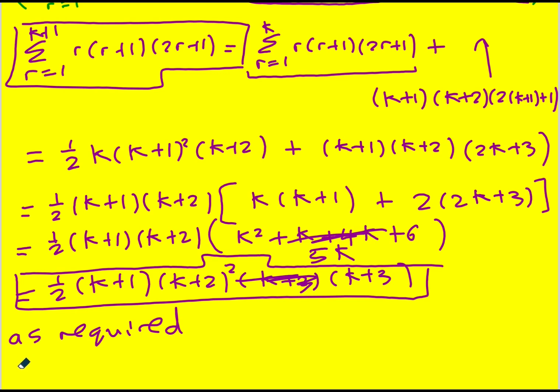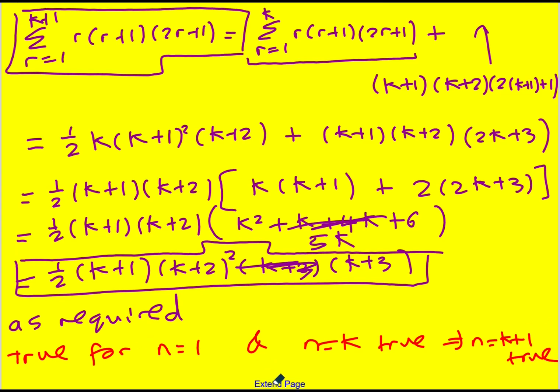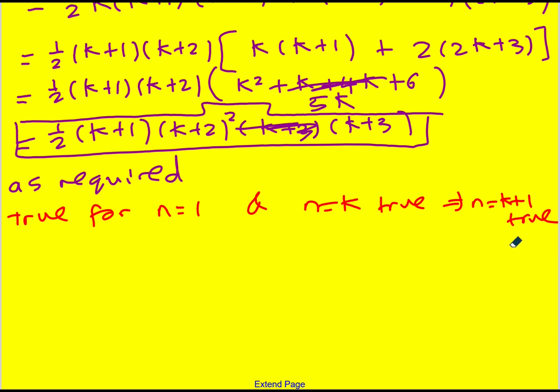So what this means is true for n equals 1, and n equals k true implies n equals k plus 1 true. So essentially, n equals 1 being true implies that n equals 2 is true, which implies that n equals 3 is true, and so on.